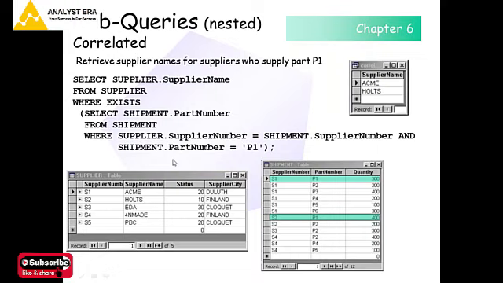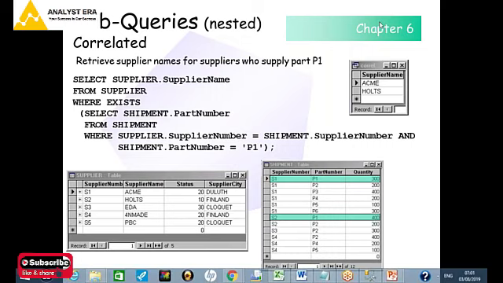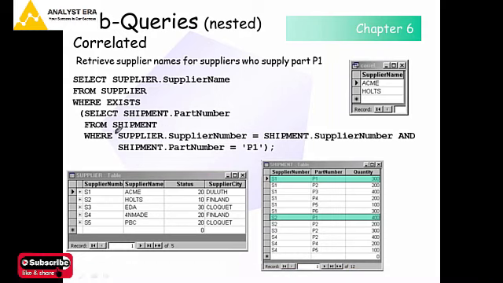How do you understand that it's a correlated subquery? If you look at a query, how will you come to know that it's a correlated subquery? Please remember this: inside a subquery, you will see a column which belongs to the outer query.